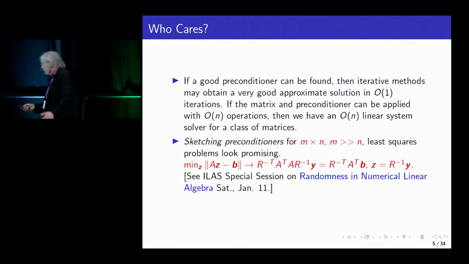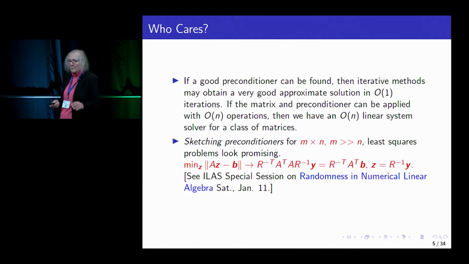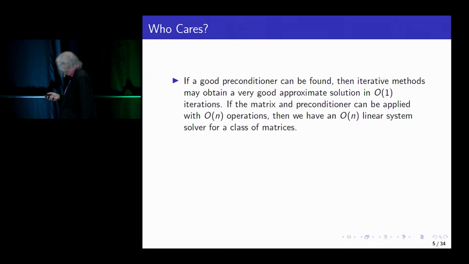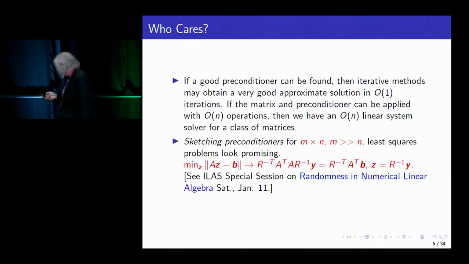Well, that if a good preconditioner can be found is a big if, but there have been some very interesting results, I think, recently with sketching for preconditioning. Mainly, it's been used for least squares problems where there are far more equations than unknowns. With the least squares problem, what they do is they convert it into the preconditioned normal equations.